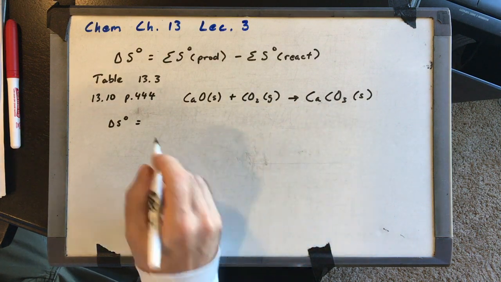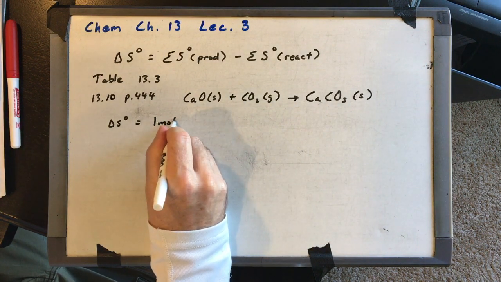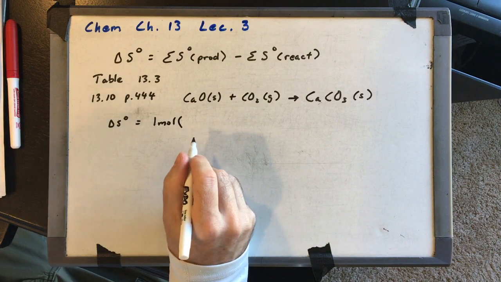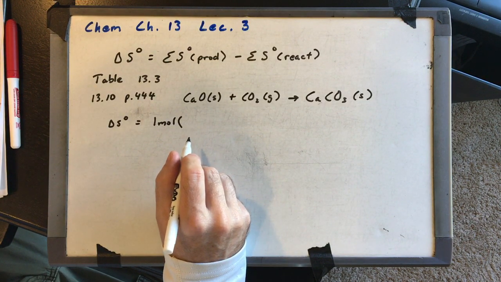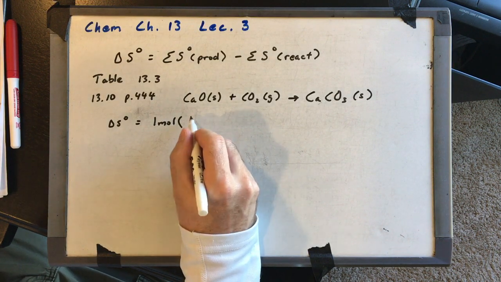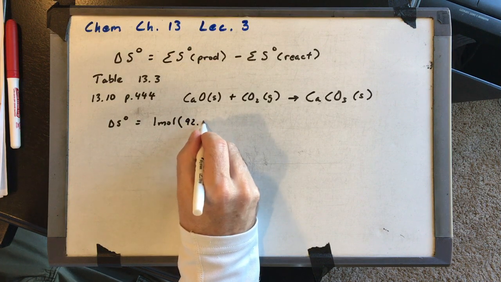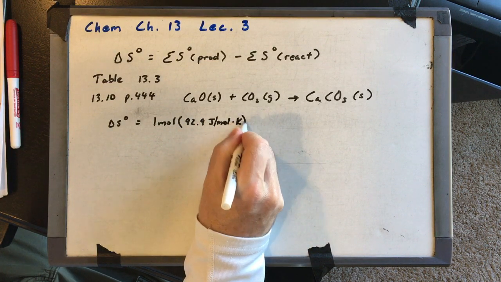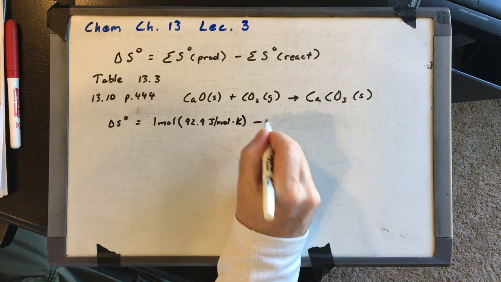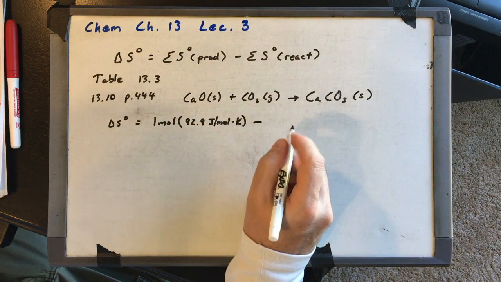We're going to start with calcium carbonate, 1 mole. And looking up calcium carbonate in table 3, it is kind of in the middle of the table, and it's 92.9, and the unit is joules per mole K. And then we're going to subtract out the entropies of the reactants.